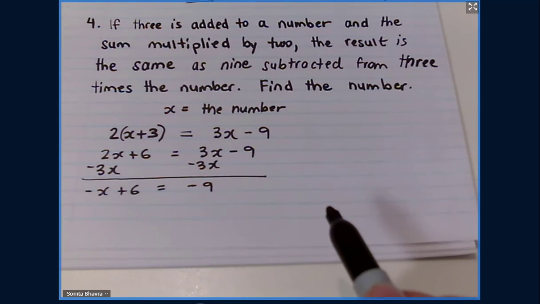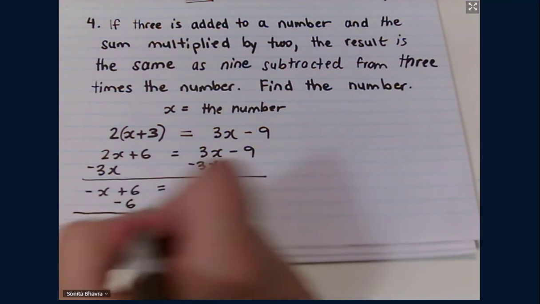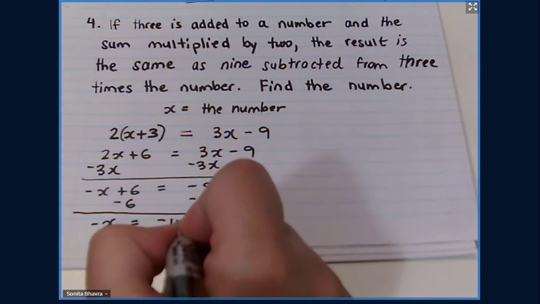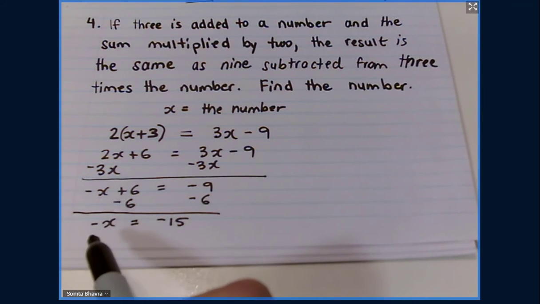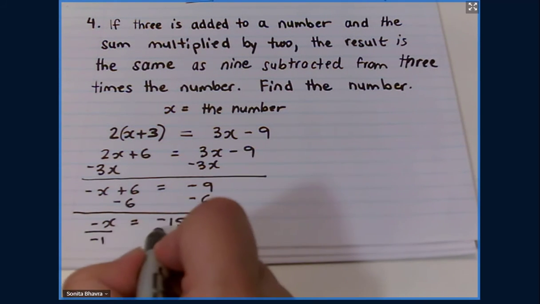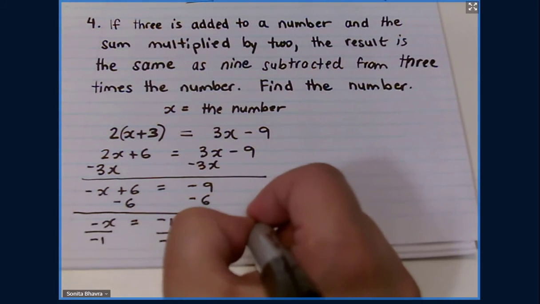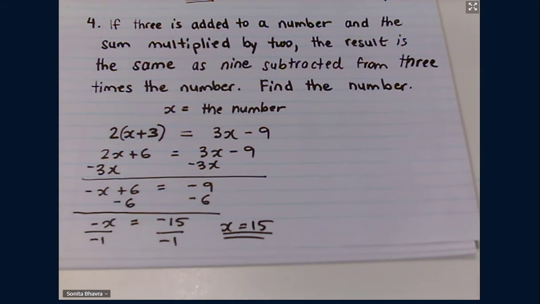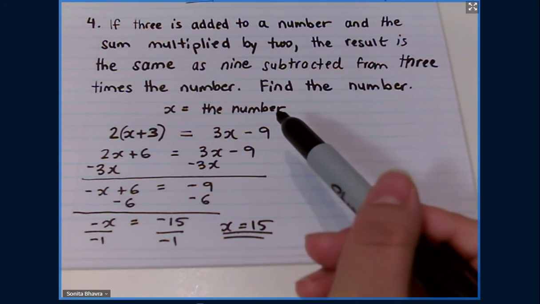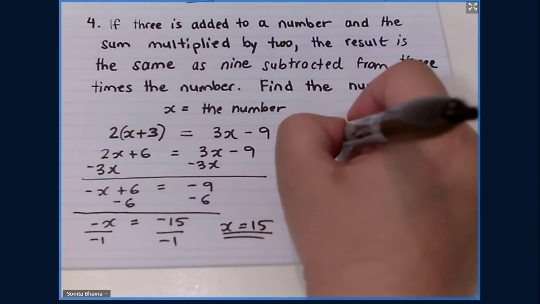Then subtract 6 on both sides, which leaves negative x is equal to negative 15. It's a negative x, meaning there's a negative 1 there, so divide by negative 1 on both sides, and we get x is equal to 15. Going back to the original statement, x is the number, so the number is 15.